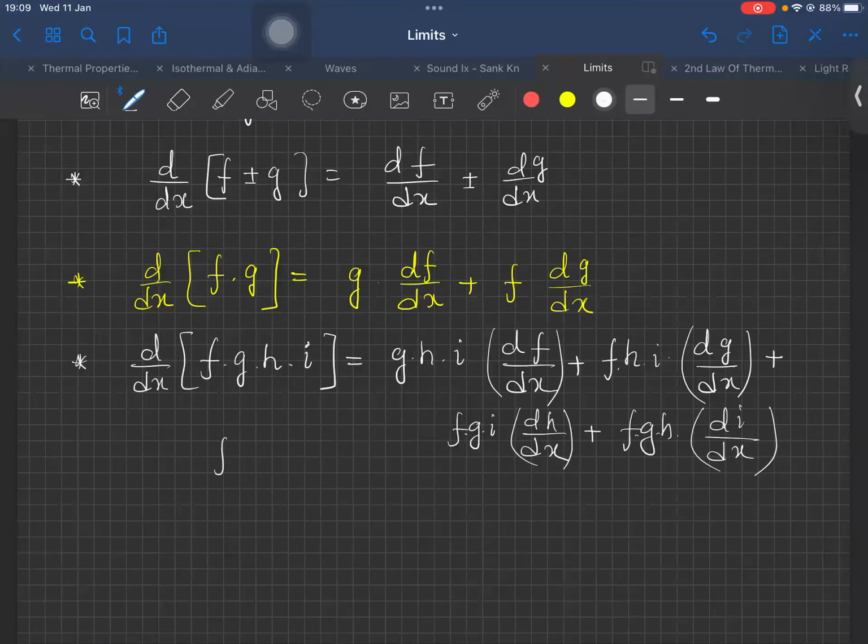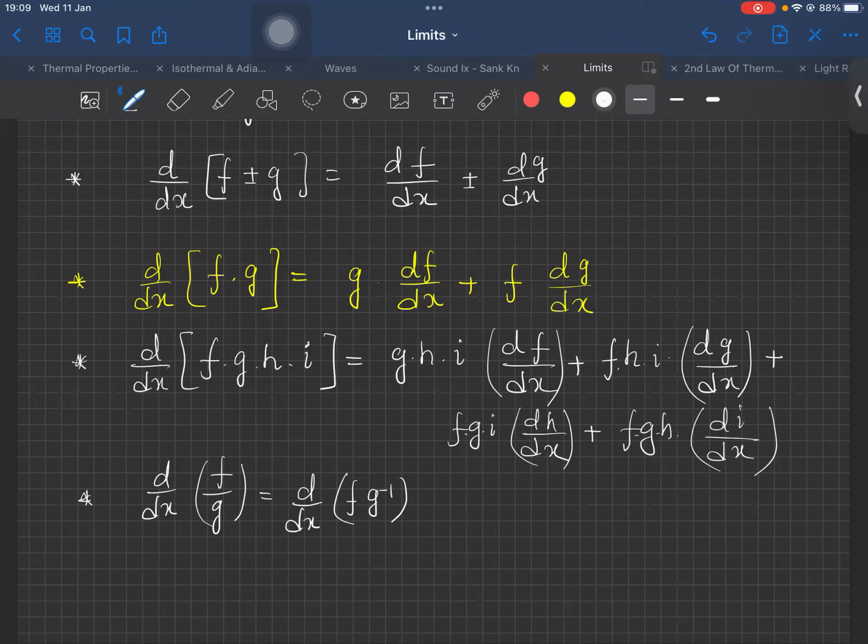You can always write f into g. How you can write? See, d upon dx of f upon g, this you can always write as d upon dx of f into g inverse, right? G to a negative power, you can use the reciprocal like that.